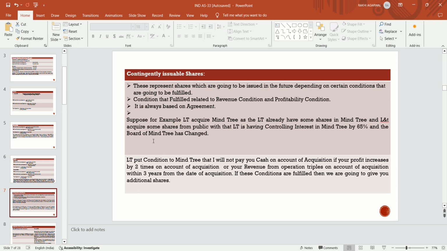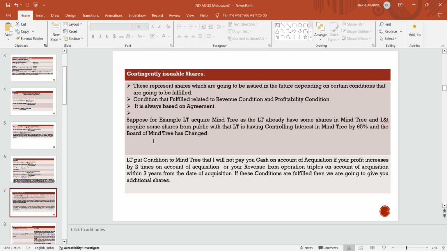If the revenue conditions are fulfilled, suppose there is a target of 3 years to give the profits of 200%, then only the acquirer company will issue to the acquiree company the number of shares mentioned in the contract, or if the profitability condition is met, then only we will issue the number of shares.